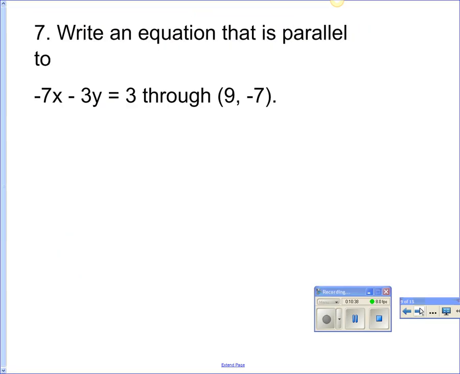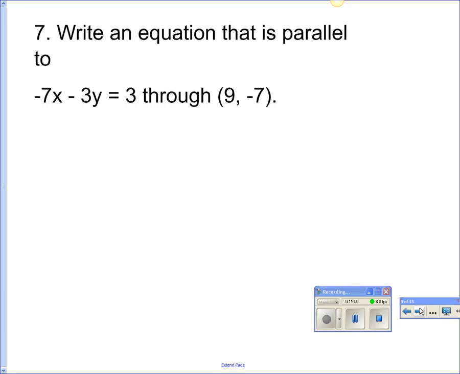Okay. Number 7. Write the equation that is parallel to negative 7x minus 3y equals 3 through 9, negative 7. All right, guys, this one has something a little different. What happens here? Is the slope of this line negative 7?